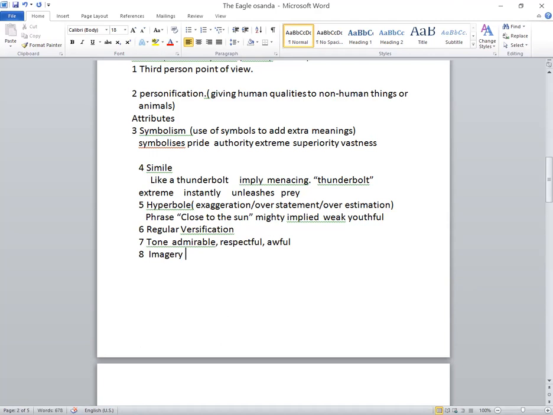I will give you 2 minutes to check the literal meaning of this word, imagery. Quickly find it out. I know you have all got the Oxford Student Learners Dictionary.